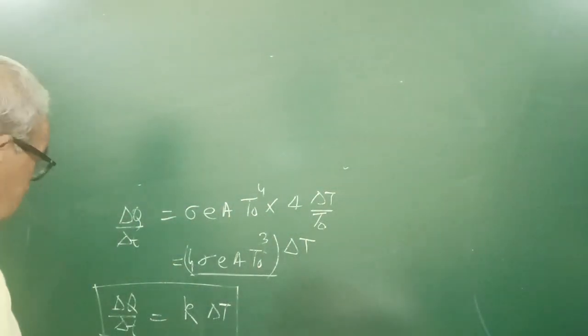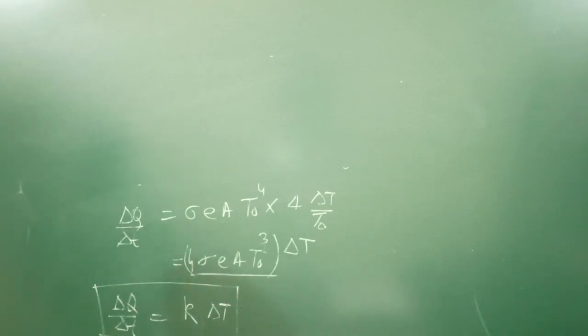This equation tells you the heat loss per unit temperature difference is k.